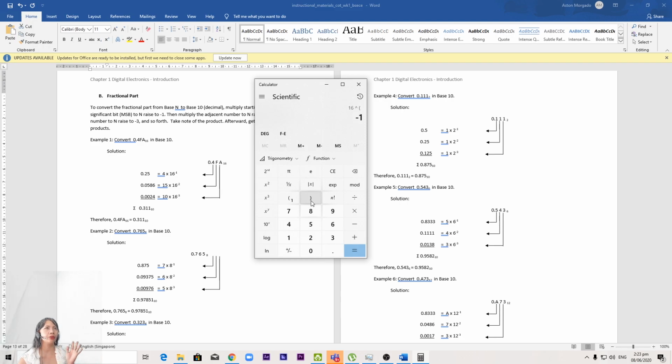I have to punch the number first and then negate. Now we have 16 raised to negative 1.